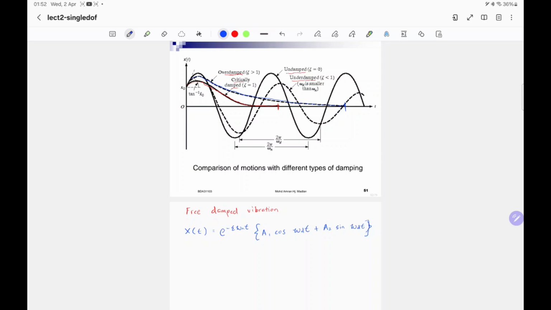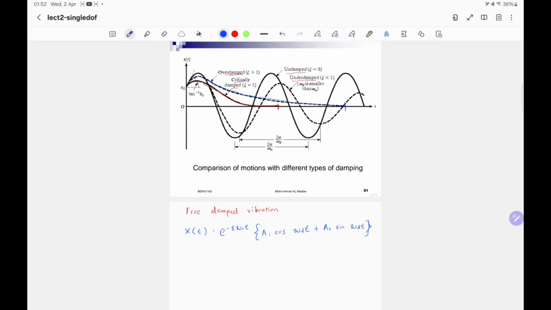Okay, same thing. What we need to do is apply the initial conditions to find all of the unknowns. But it is not as simple as free undamped vibration.